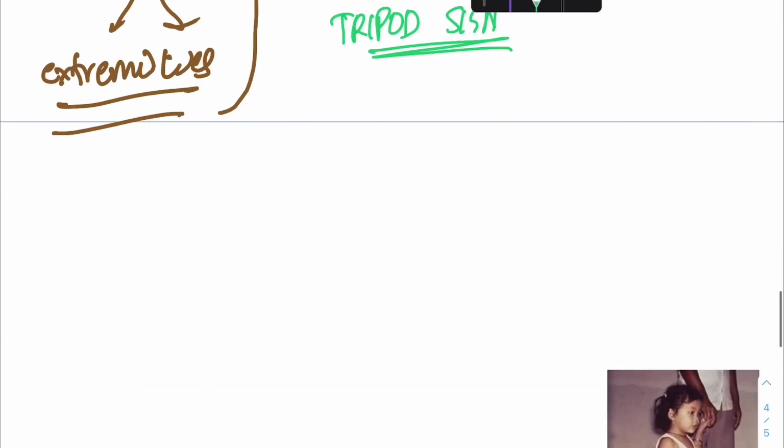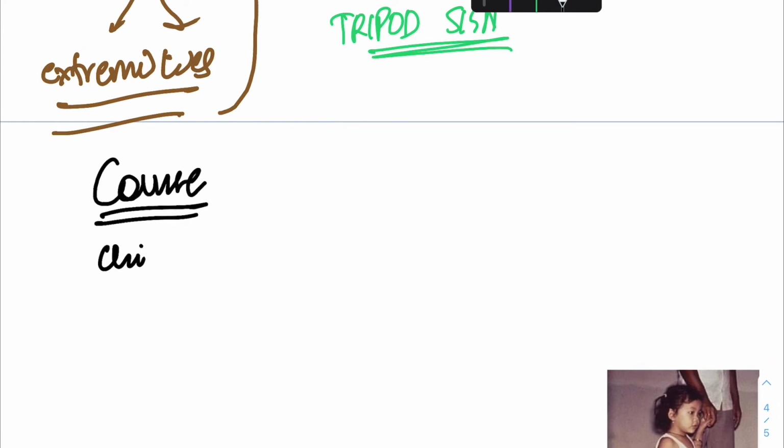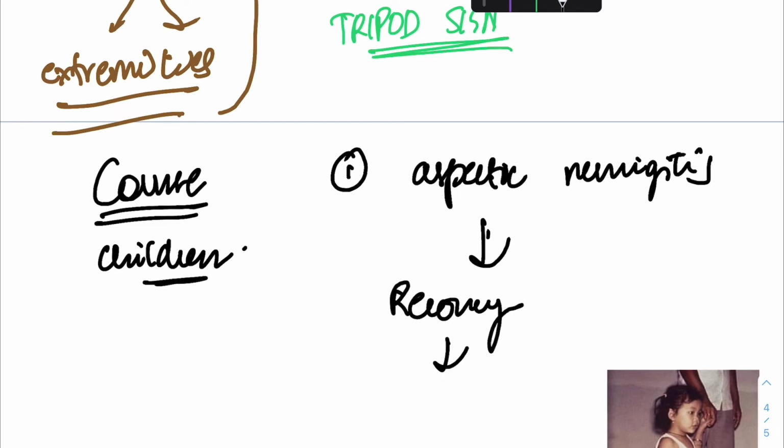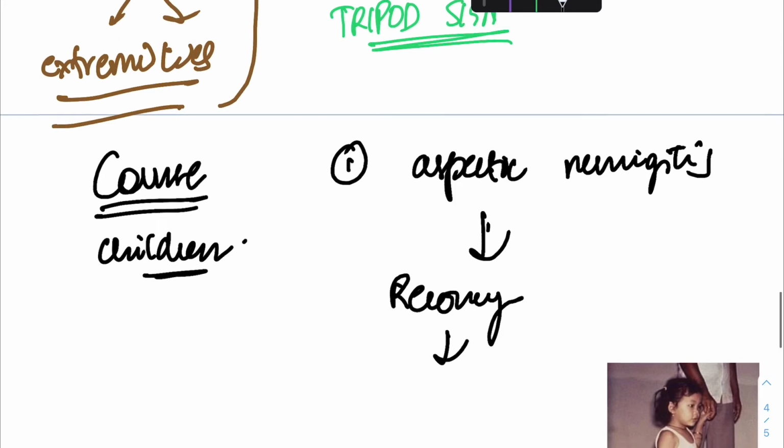Next, another important thing in this disease is your course, the course of this disease. So in this course, which is seen in the children, what happens is first, the child is going to present with aseptic meningitis, aseptic meningitis. After that, the patient is going to show some recovery, that is, there will be recovery of a few joints.